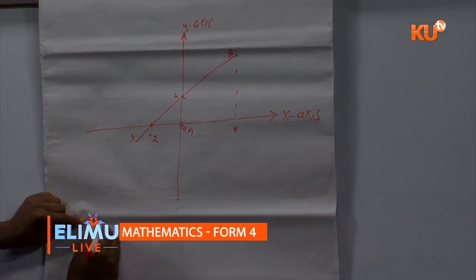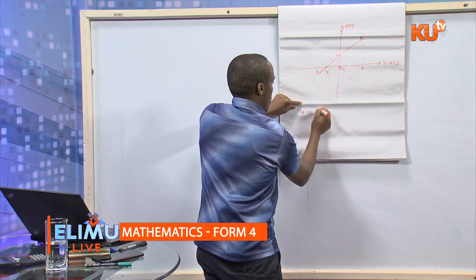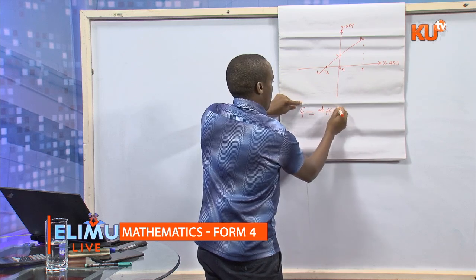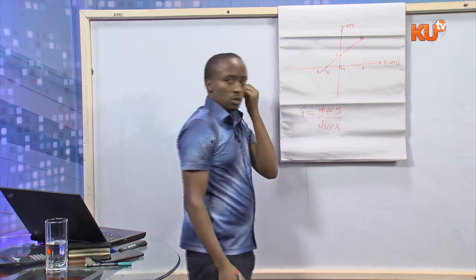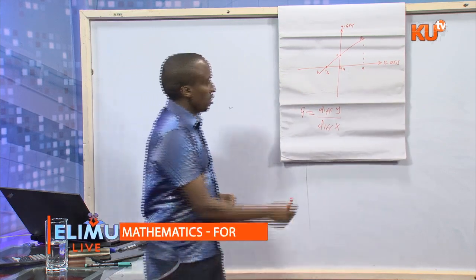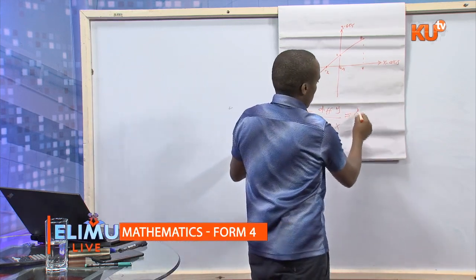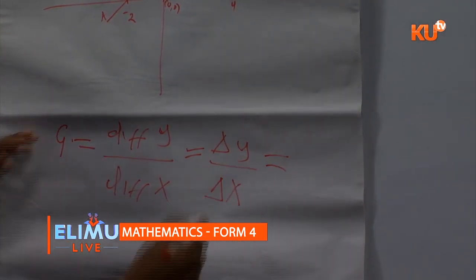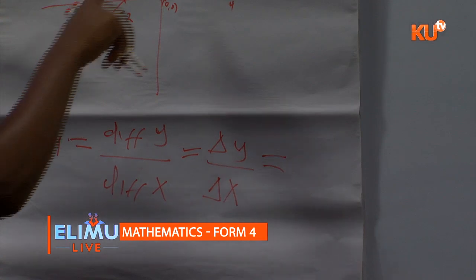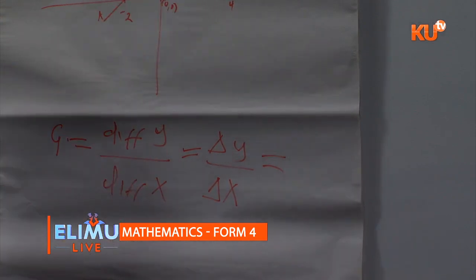So we have said the gradient of a line is equal to the difference in y divided by the difference in x. Having known that, this can be noted as change of y divided by change of x, which is equal to the change of y in our line AB.